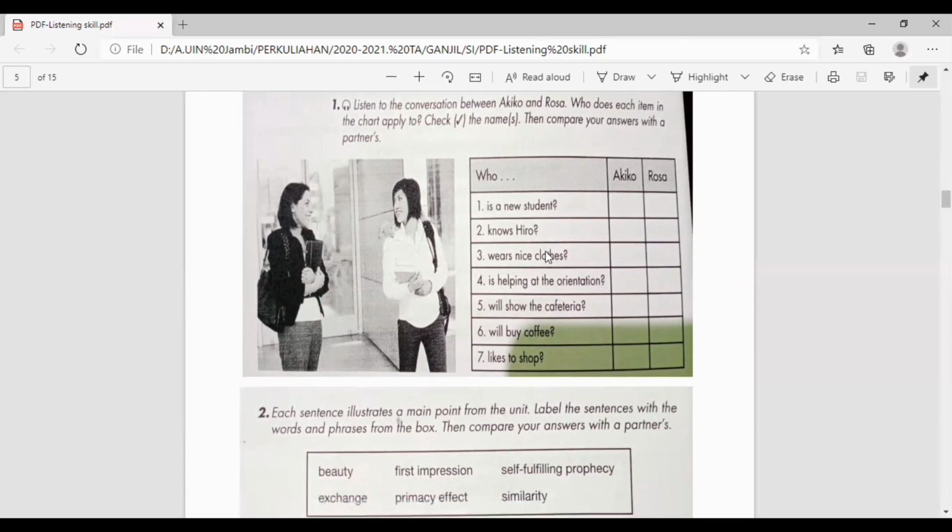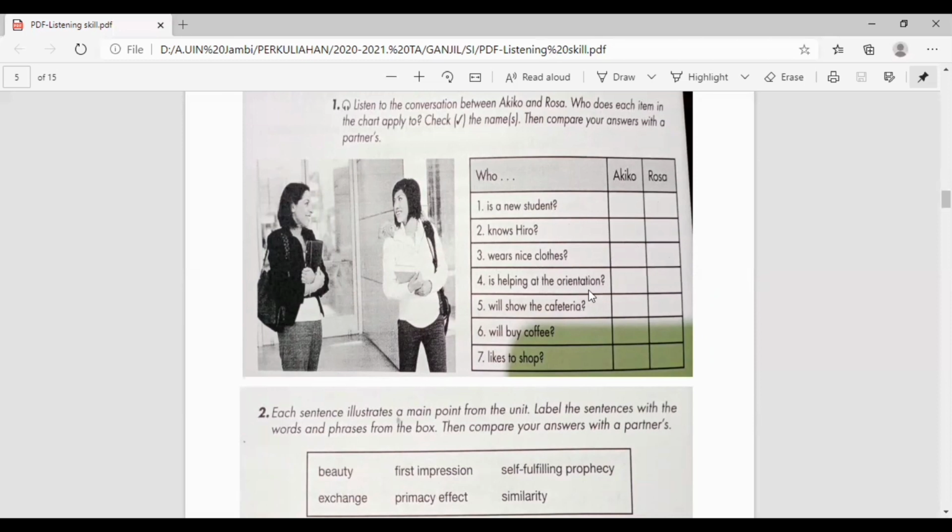Okay. Yeah. Who is a new student? Akiko or Rosa? If you think she is Akiko, please tick Akiko here. Check the Akiko. Or if you think she is Rosa, please check the names here in the box. And who knows Hiro, Akiko or Rosa? Who wears nice clothes, Akiko or Rosa?